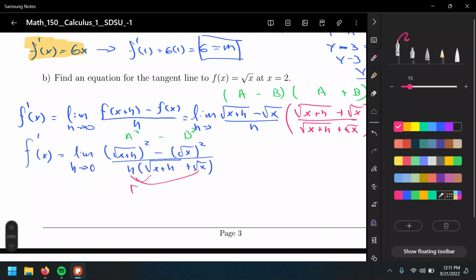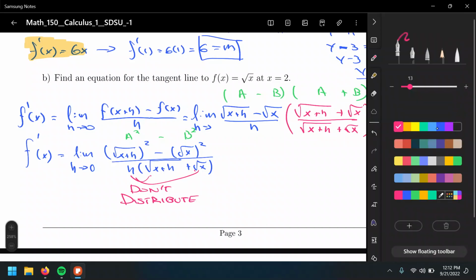Don't distribute. And we already discussed the reason for this, because the example that we did for plain limit without this x and h, it worked the same. Don't distribute. But I'm going to stress this again, just so it resonates with you all the time.